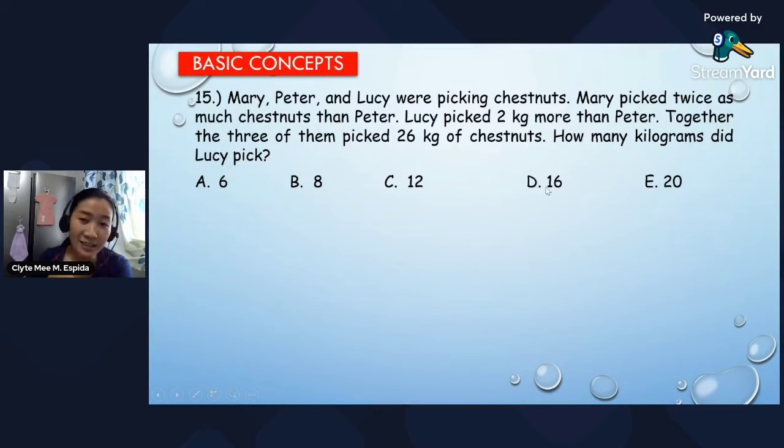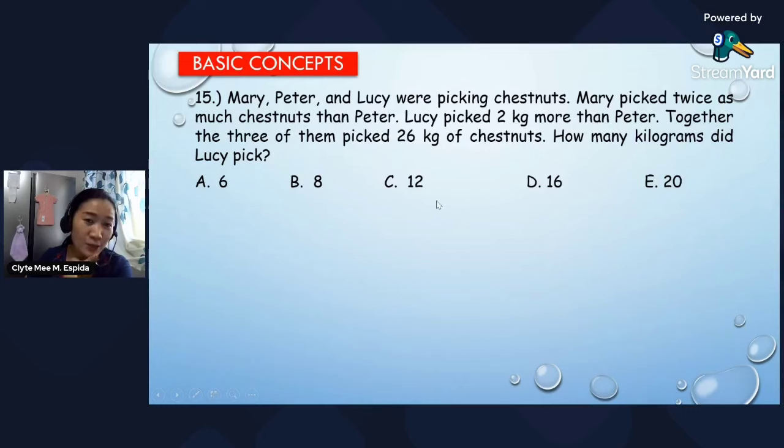Pag yung sagot natin, 16, D at saka E, 20. So, ibig sabihin, medyo malabo itong maging sagot. Kasi mamaya mag-twice. So, sobra tayo sa 26. So, let's try 12.